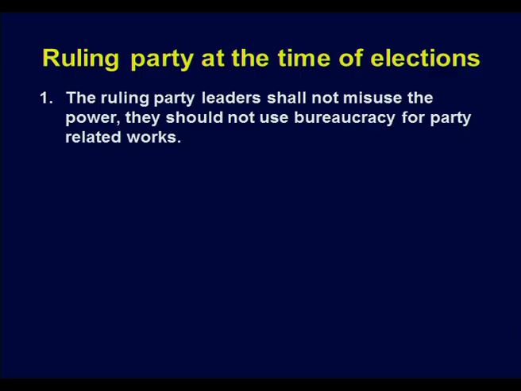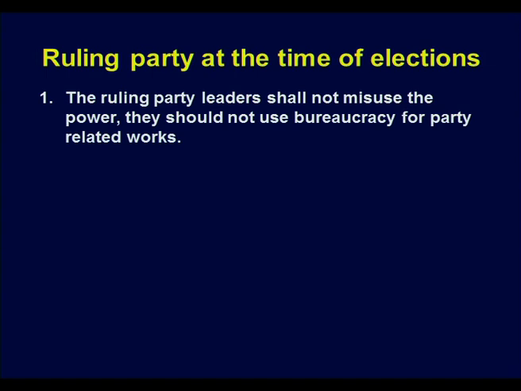Children, till now we have seen different rules and regulations about the elections, and we have seen the day of polling. Now, let us see what is the role of the ruling party at that time, the guidelines to be followed. The ruling party leader shall not misuse the power.